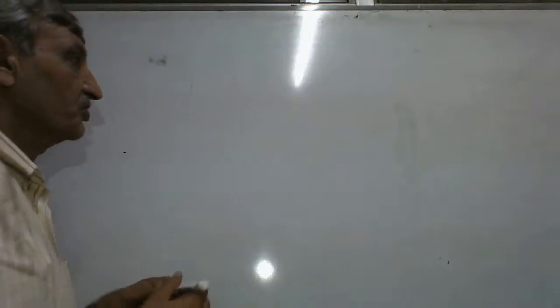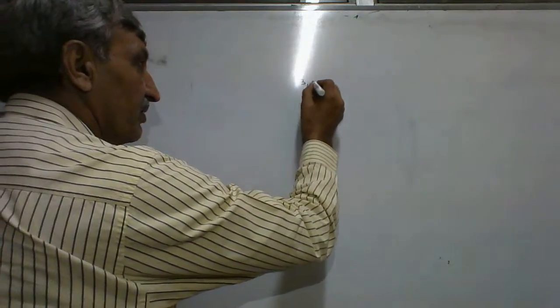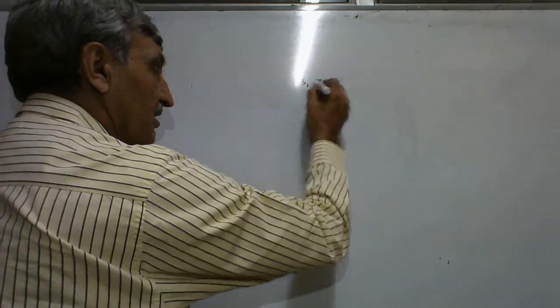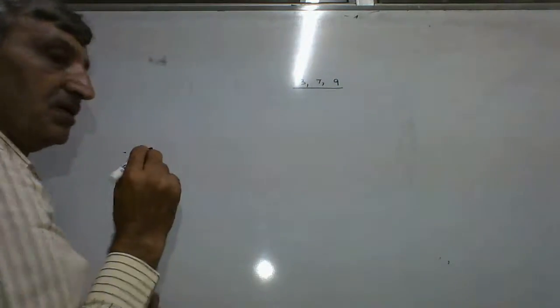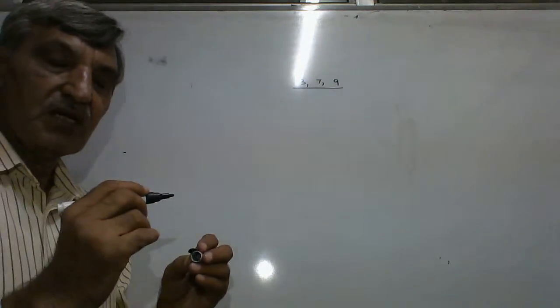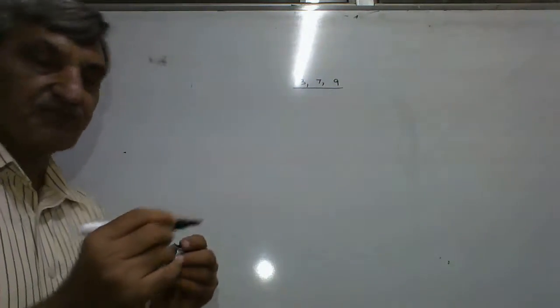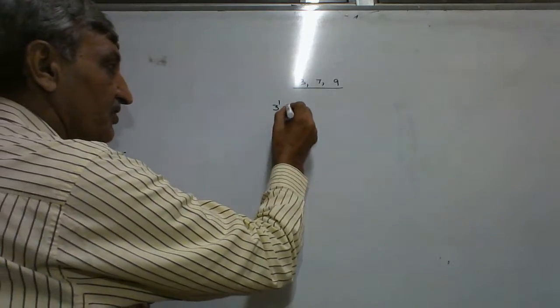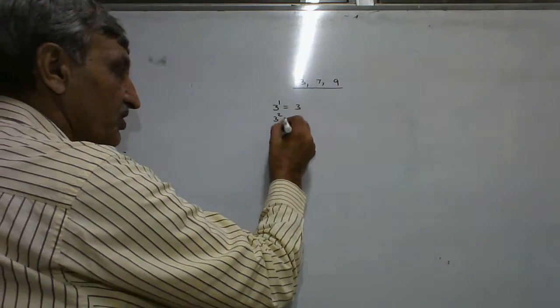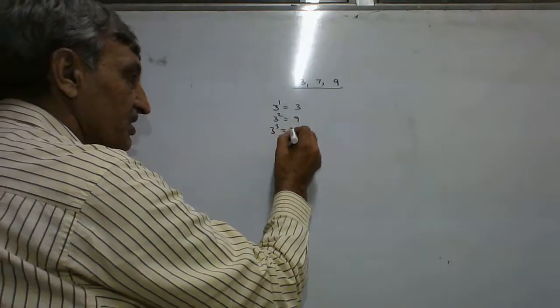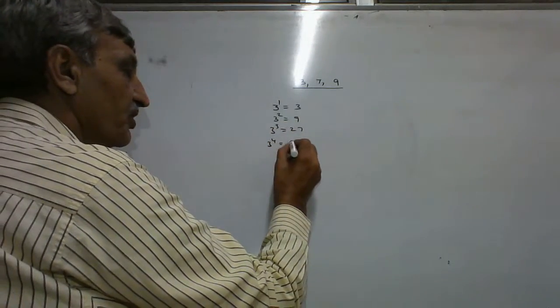In case of a number ending in 3, 7 and 9, let's look at the cyclic manner of 3. 3 raised to the power 1 is equal to 3. 3 raised to the power 2 is 9. 3 raised to the power 3 is 27. 3 raised to the power 4 is equal to 81.